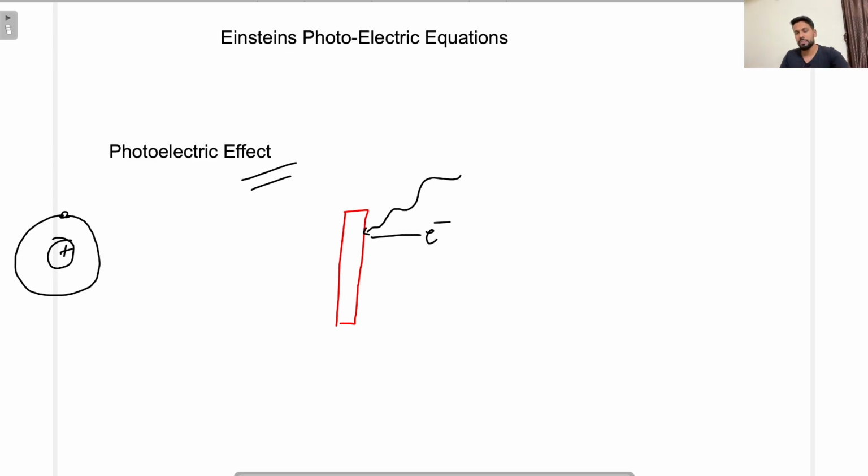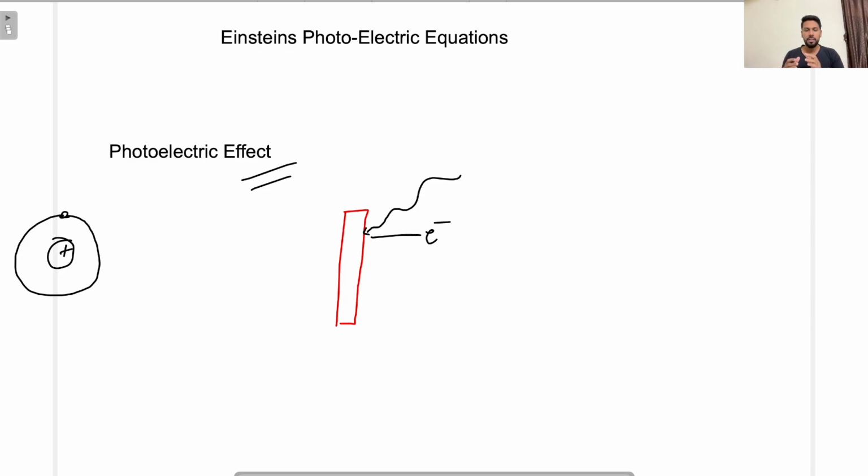It also showed that light is a particle, because only a particle can kick out another particle. A wave cannot kick out a particle. This is one of the fundamental things which tells us that light is a particle, and we all know that it is the photon.